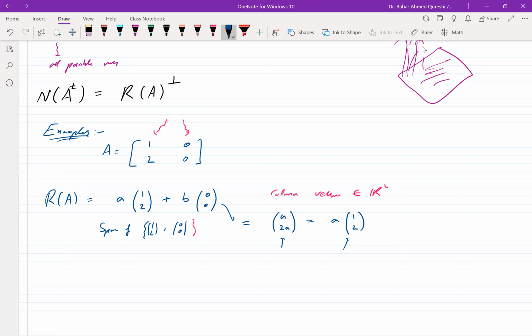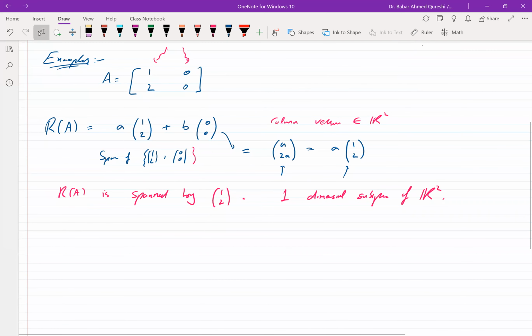So I can say that the column space is spanned by this vector. It's a one-dimensional subspace of R2. The column vectors live in R2, but the column space is just a one-dimensional subspace of R2.